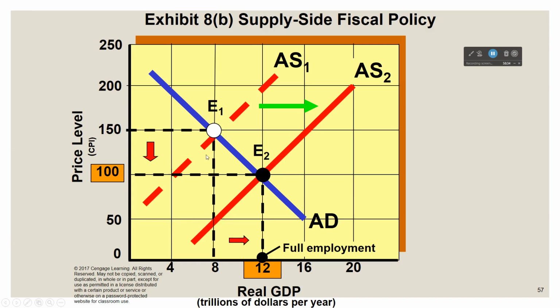And as that happens, the price level falls, so we get the opposite of price inflation, we get price deflation, and the output increases. If we increase aggregate supply enough, we can get back to this aggregate demand equilibrium here, where we're producing at full employment. So instead of altering the blue curve, the aggregate demand curve, we're going to alter this aggregate supply curve.